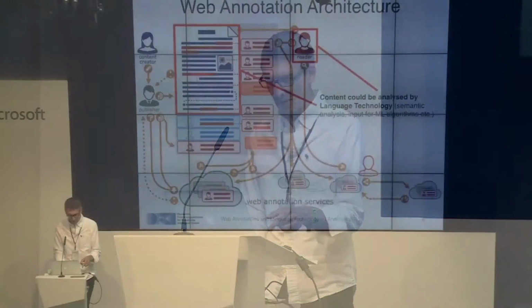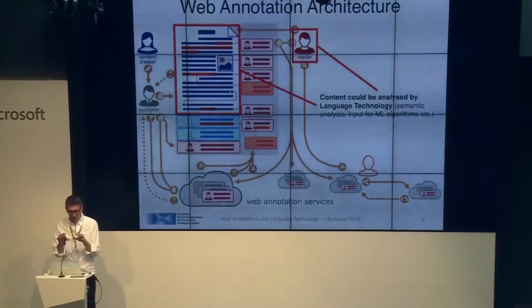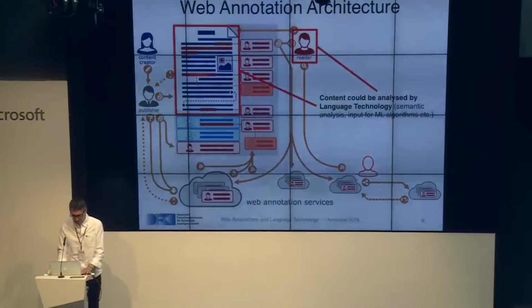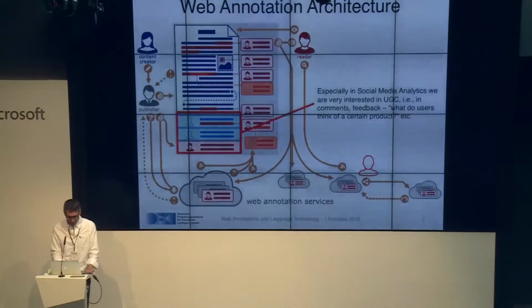So content automatically generated. The content itself can also be analyzed using language technology. We have seen a couple of use cases yesterday. Peter Murray Rust also presented work that involves this, the gazetteer or dictionary-based spotting of concepts in chemical articles. So semantic analysis, input for machine learning algorithms.